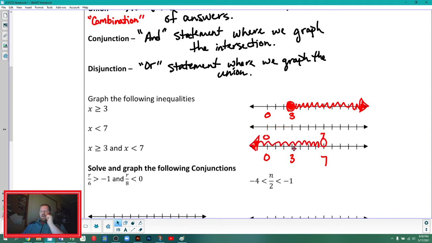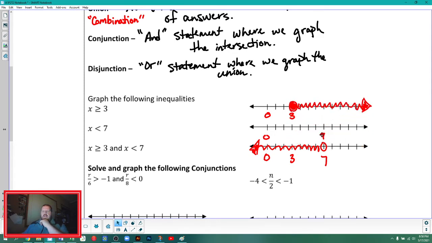X is greater than or equal to 3 is true from 3 and everything to the right. X is less than 7 is true for anything under 7, so an open circle and shaded to the left.